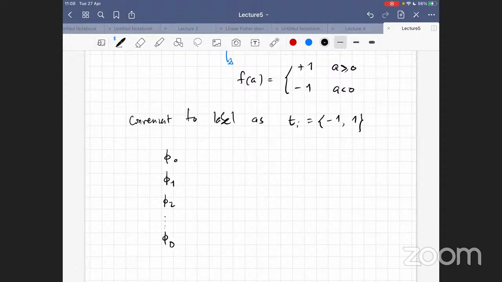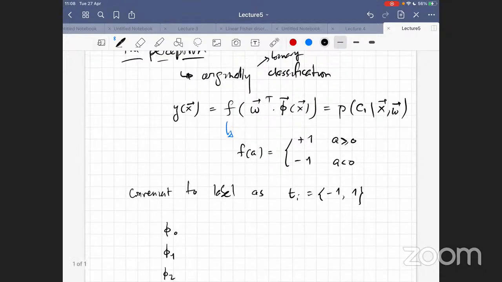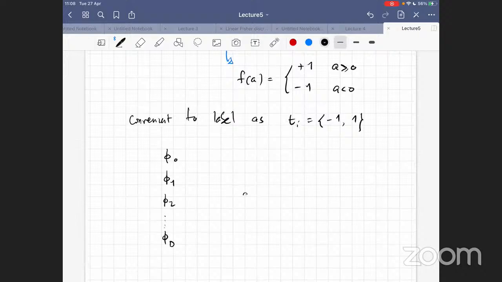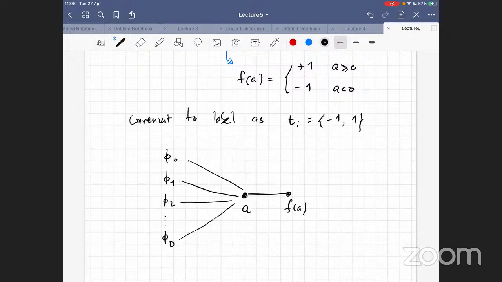What you do with all these phis is to combine them in order to form the argument of your function. Then you just compute the function, and the way you combine the argument is by connecting these points to this argument. So this is just W0, W1, W2, WD. Okay.